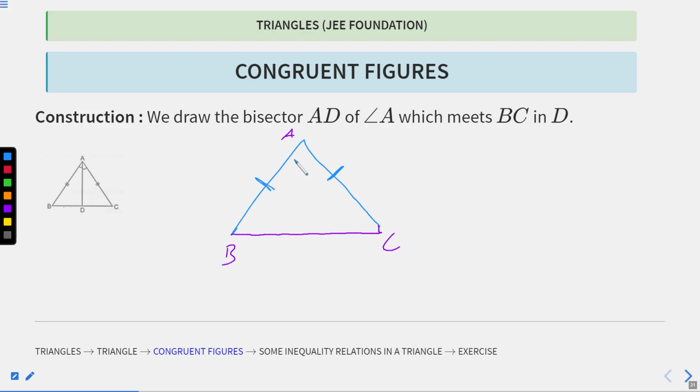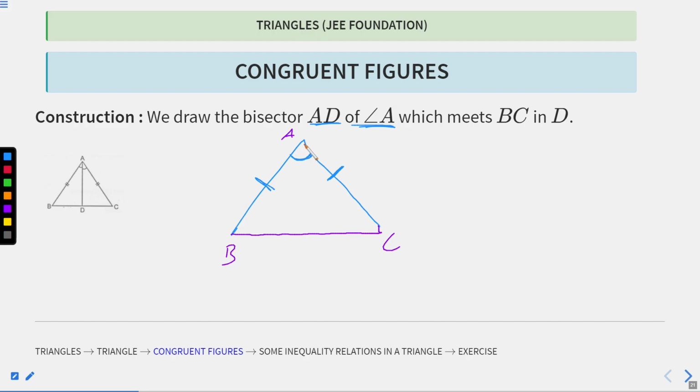Now we draw a bisector AD of angle A. So we know this is my angle A, and I am going to draw a bisector of this angle.